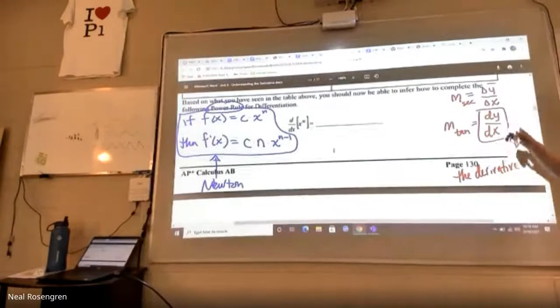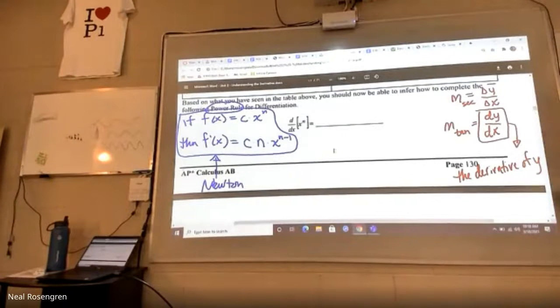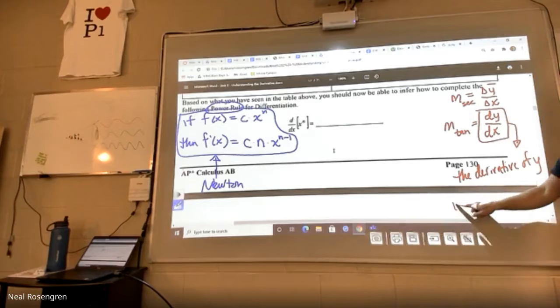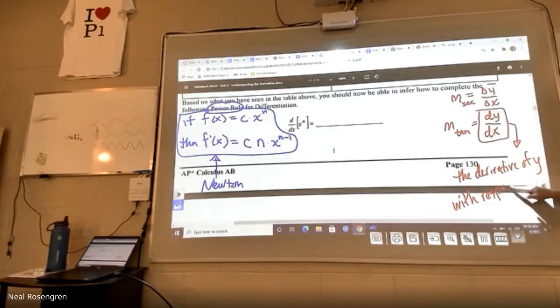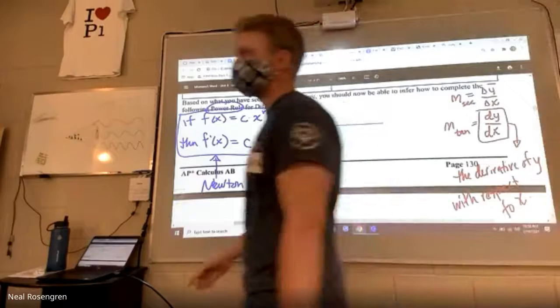And so when we read this part out loud, we're actually going to read it as the derivative of y with respect to x. It's not just some y and I don't know what's going on with it. I know what that independent variable is going to be, and it's going to be x.